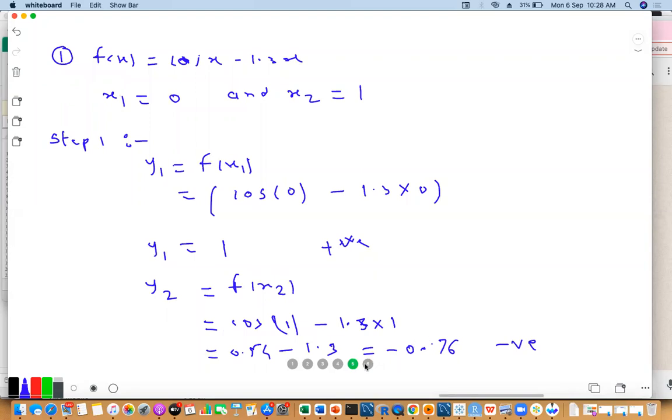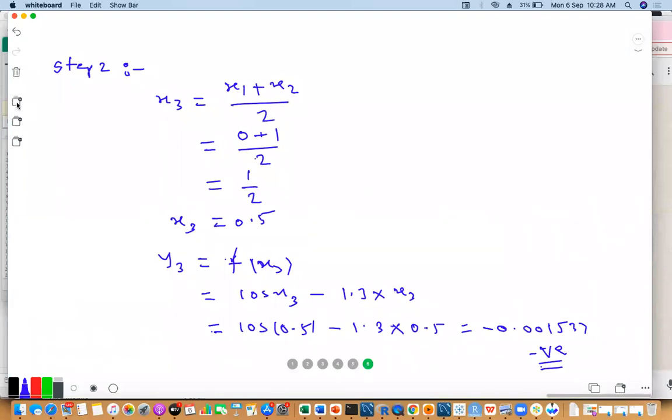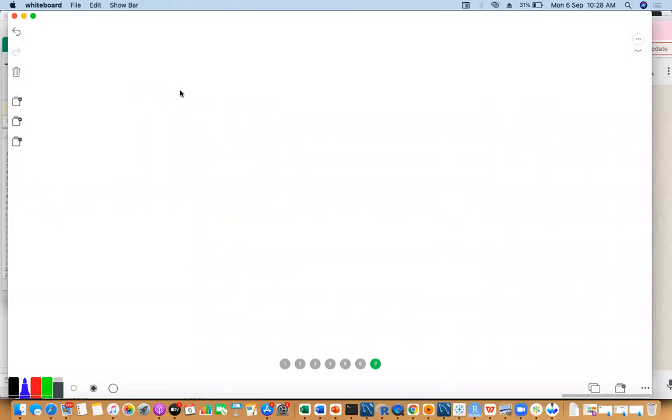So what we will do? Our x1 will be same as that of earlier, whatever earlier it was, 0. Now we want to replace x2 with x3. Okay, and what is x3? That is 0.5.